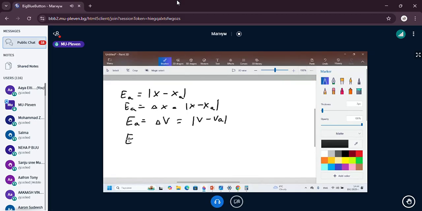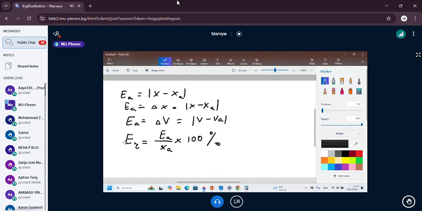Relative error, E from error, R from relative, is the ratio between the absolute error and the most probable accepted value, times 100, and the result is expressed in percent.